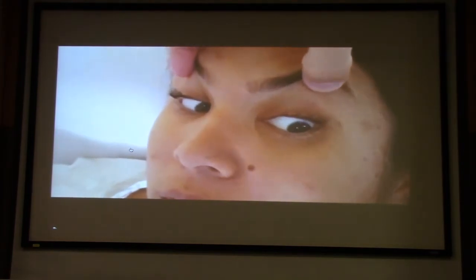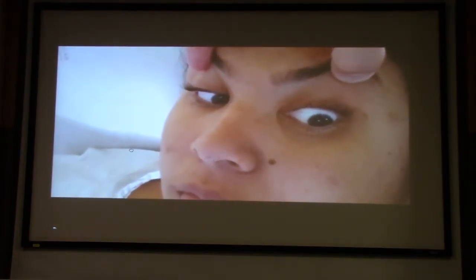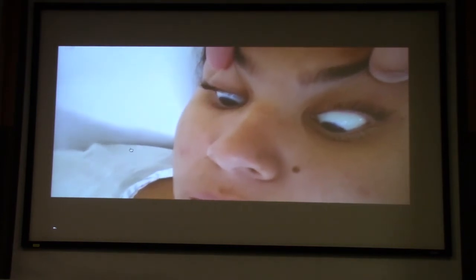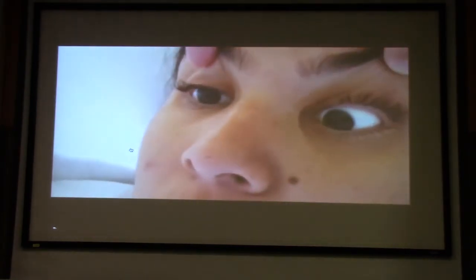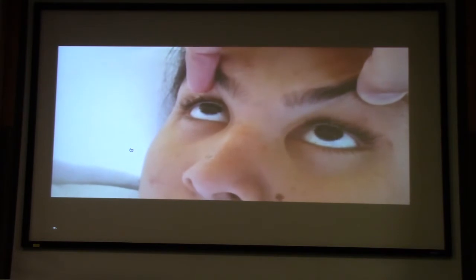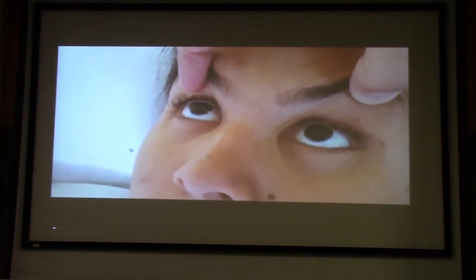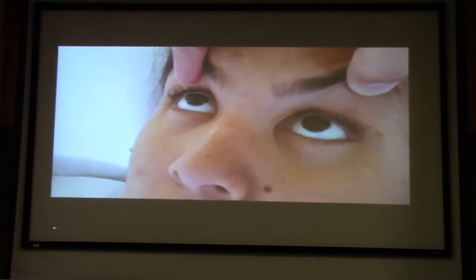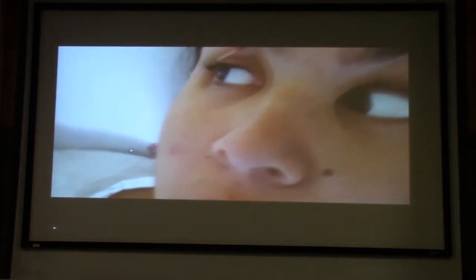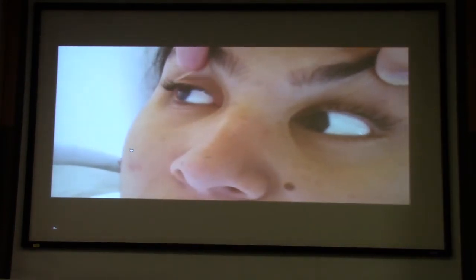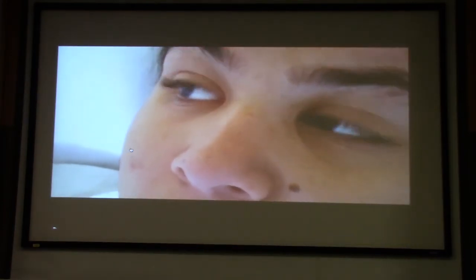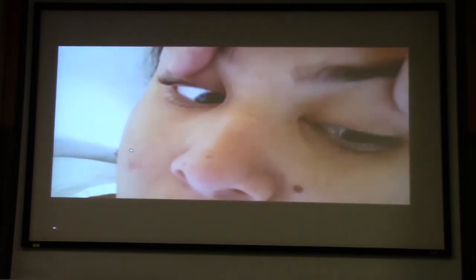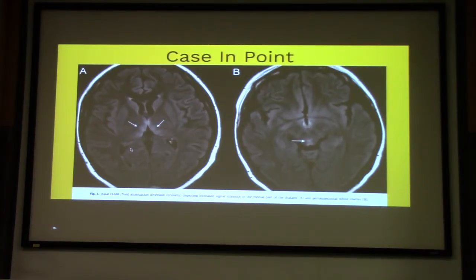Nystagmus again. Definitely abnormal, to say the least. And this is pretty much all she presented with, just some mild confusion and this finding of vertical nystagmus, which is always pathologic, as we know. And these were her findings here.